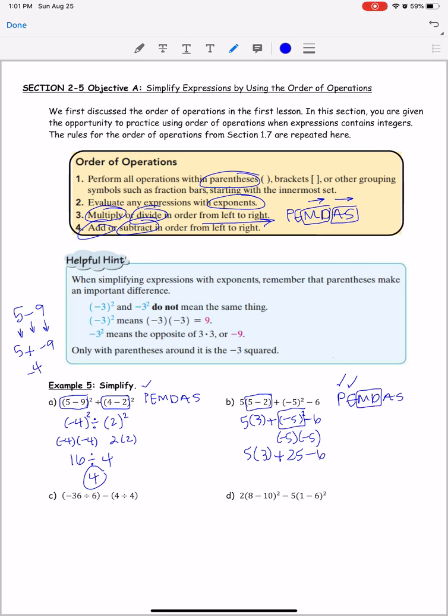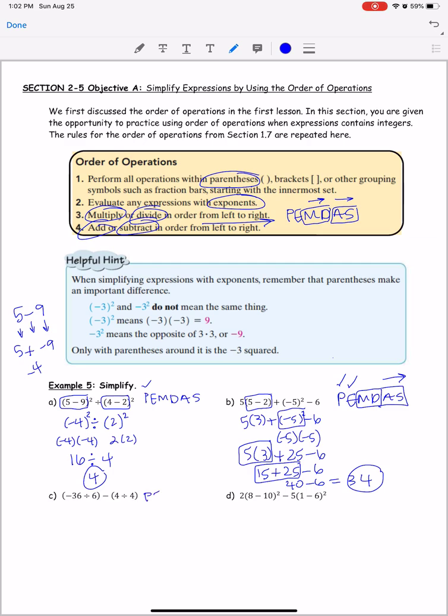The only thing I have to multiply or divide is this one right here. So 5 times 3 is 15. Drop down everything else. So now add and subtract, and we're doing this from left to right. So it just so happens that the addition comes first going in this direction, but it doesn't always mean to add. So keep that in mind. So 15 plus 25 is 40, and 40 minus 6 is going to give me 34.